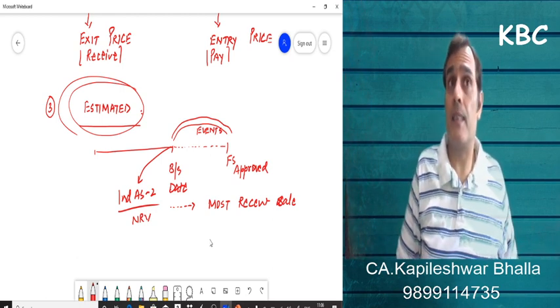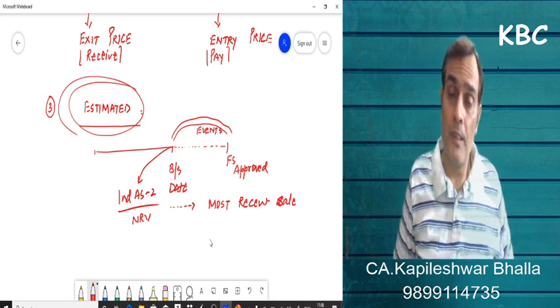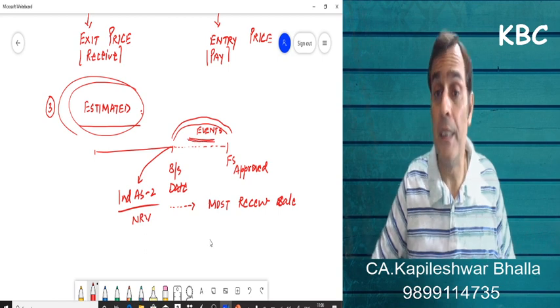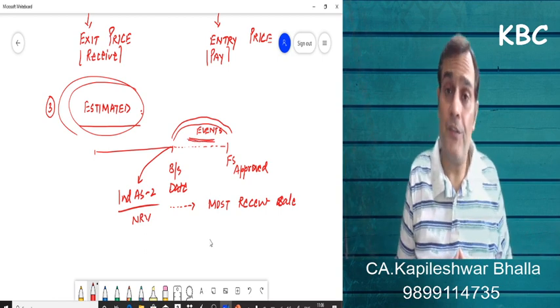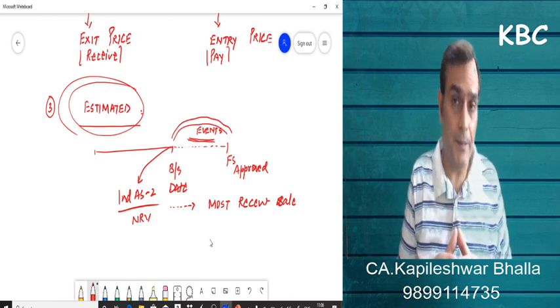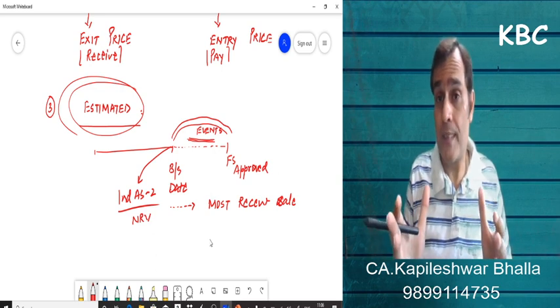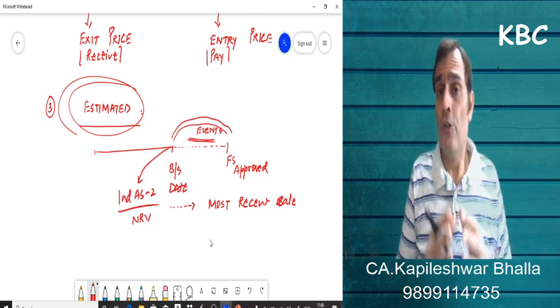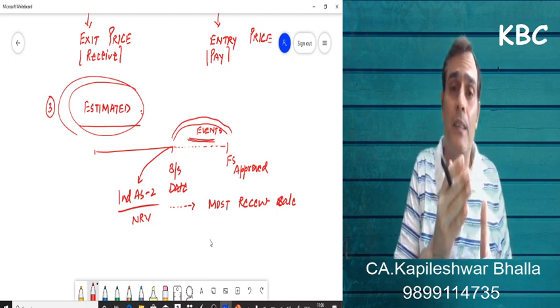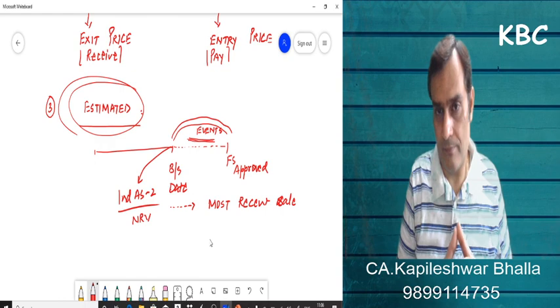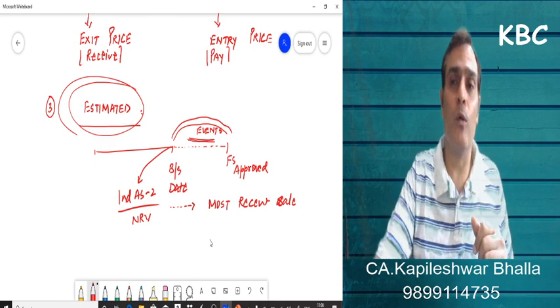Because if you look at Ind AS 10, para number 9, they make a very clear-cut mention that the selling price of the inventory in this particular period is always a reliable basis of measuring the NRV of the inventory on the balance sheet date, provided, of course, that the selling price relates to the conditions which existed on the balance sheet date. So the word estimated means that you have to estimate things on the balance sheet date with the impact of Ind AS 10.